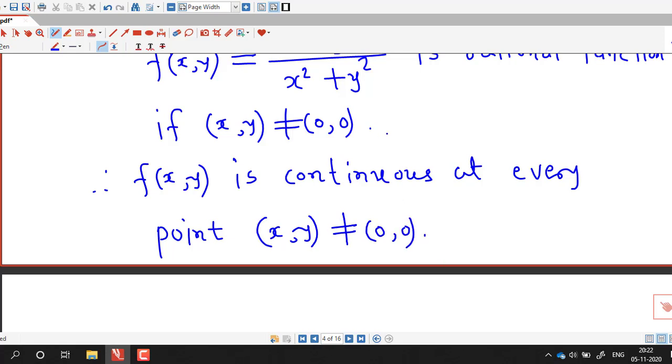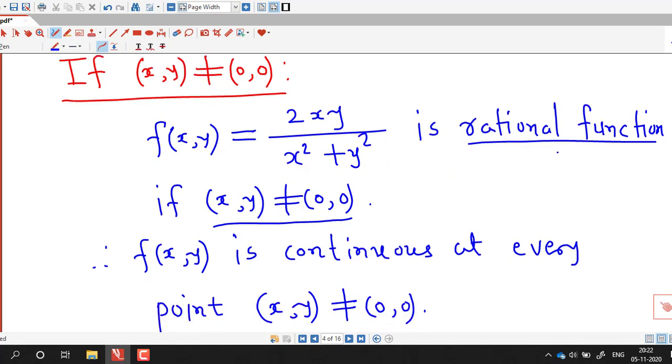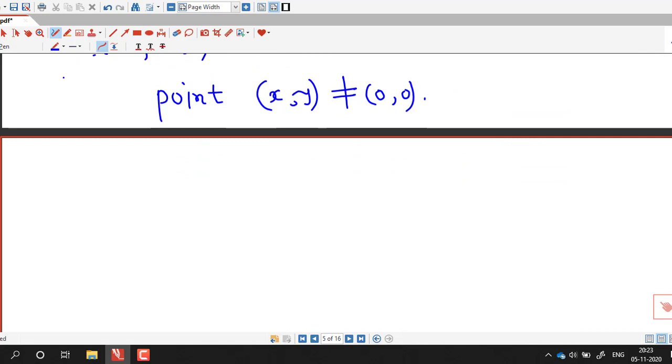So this is enough for non-zero points. We just have to mention that f(x,y) is a rational function if the points (x,y) are different from origin, and as we know that rational functions are always continuous at the points at which they are defined. So this function is defined at every non-zero point, and because it is a rational function, it is continuous at every non-zero point. Now we have to check at origin.